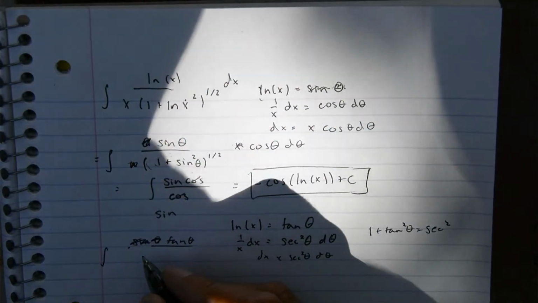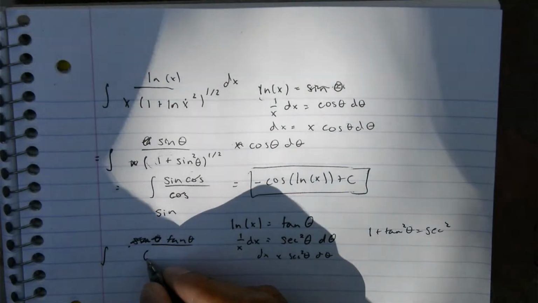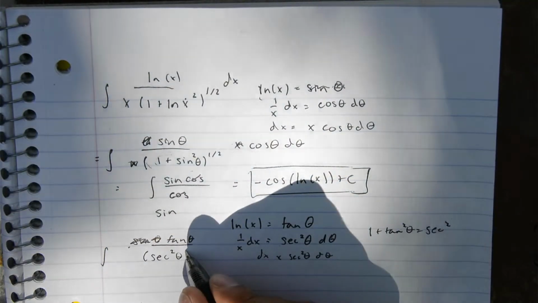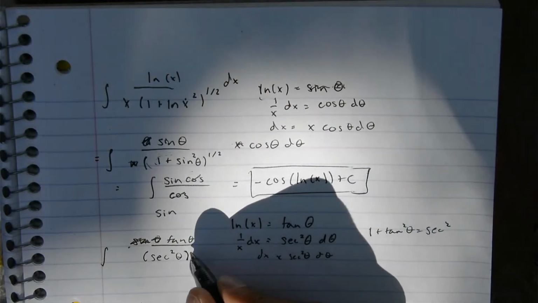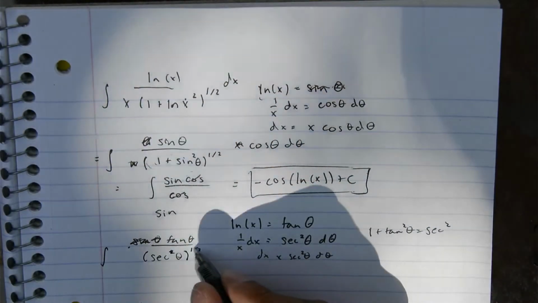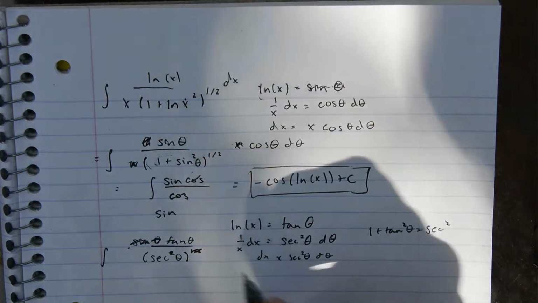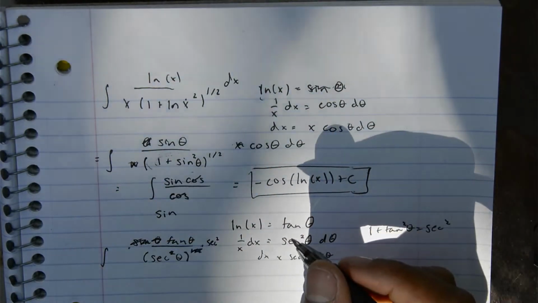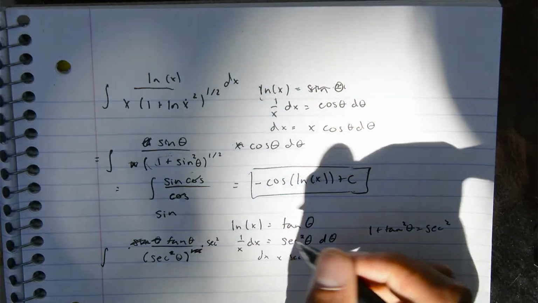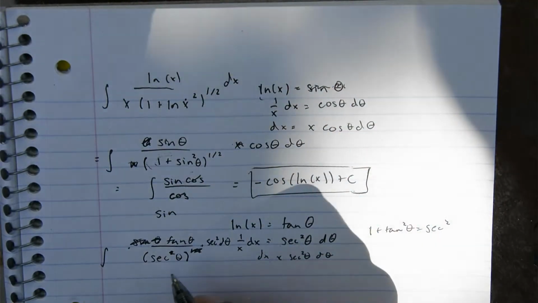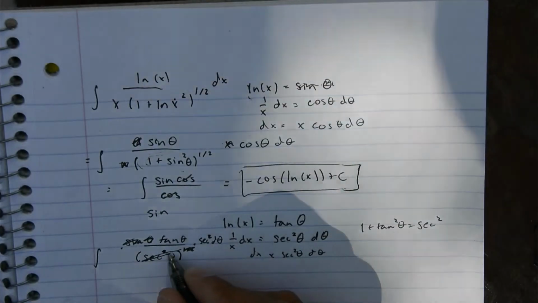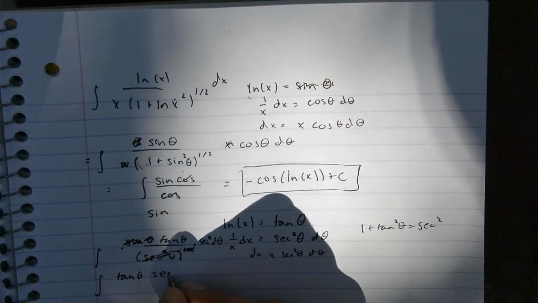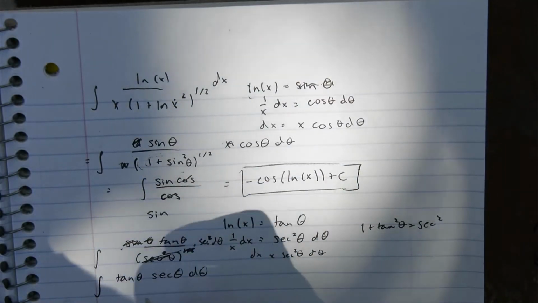Okay, so we're going to get sec squared theta to the 1/2. So that just becomes sec. This is tan. This is sec squared. The x cancels, and this is just going to d theta. So then this cancels this. So now you're just left with tan theta sec theta d theta.